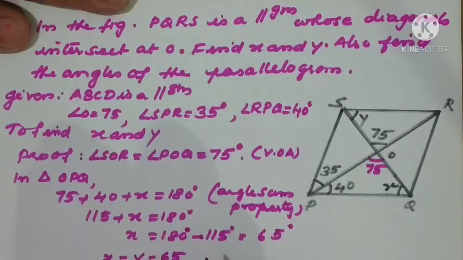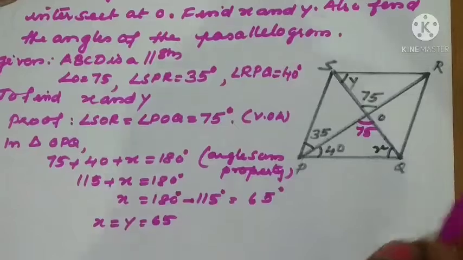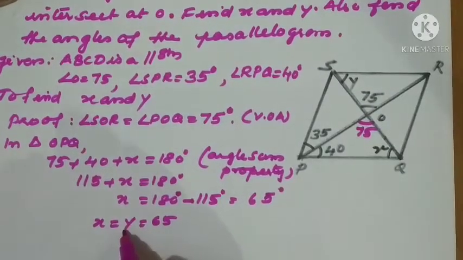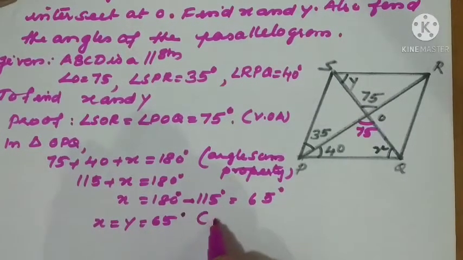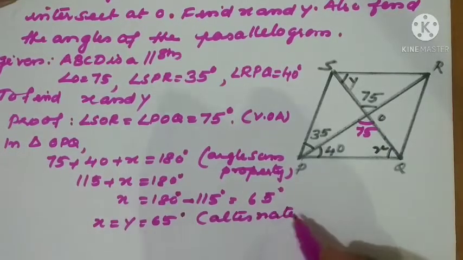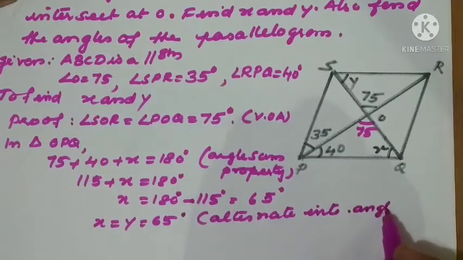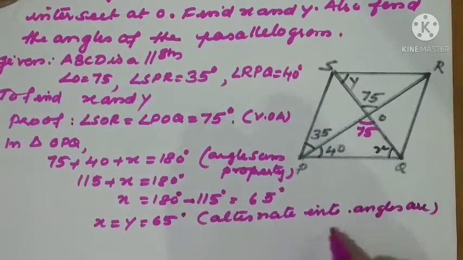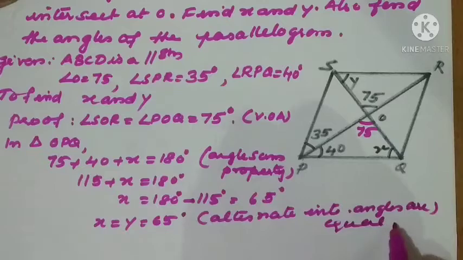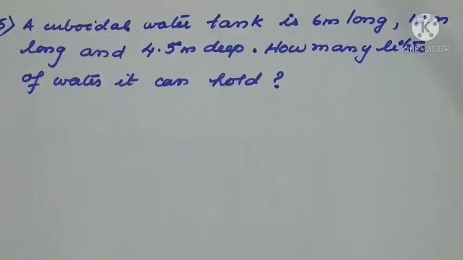Alternate interior angles, because PQRS is a parallelogram. X equals Y equals 65 degree. The reason is alternate interior angles are equal. So we got the values of X and Y as 65 degree.